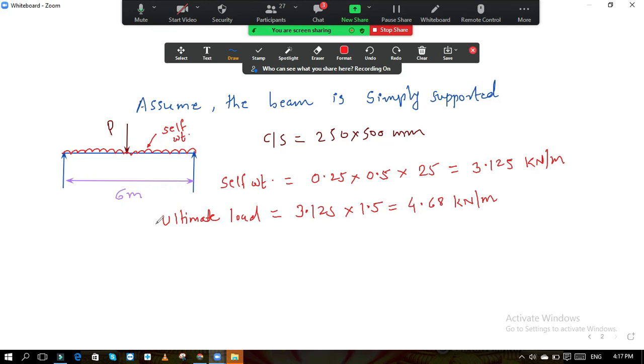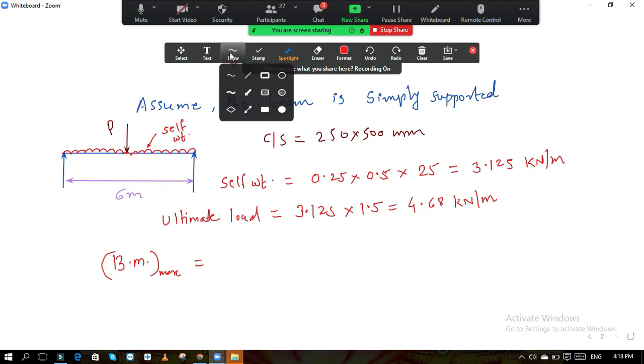Now maximum bending moment. Okay. So see, now two types of loads are acting on the beam. First is the UDL, that is the self weight, and second is the point load. Okay. So what are the formulas for a simply supported beam?